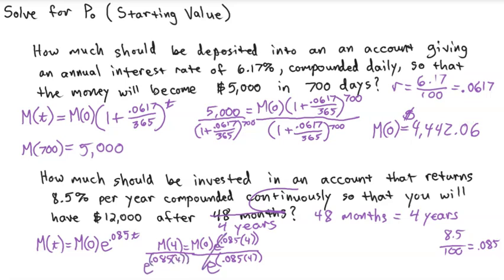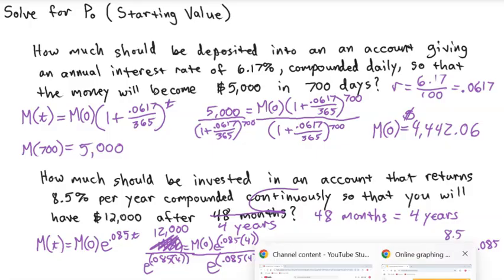Okay? And on this side, it's going to cancel out. Okay? And so M sub 0, or M of 0, is going to be equal to M of 4. And what is M of 4? We got to replace M of 4. M of 4 is 12,000. We want the end value to be 12,000. So it's going to be 12,000 divided by e to the power of 0.085 times 4.